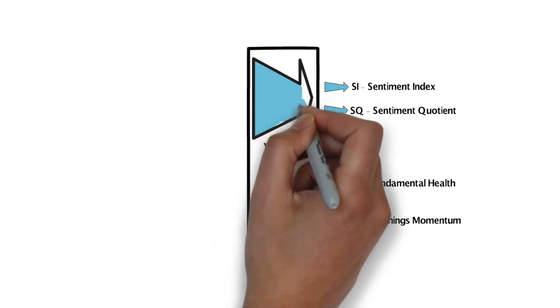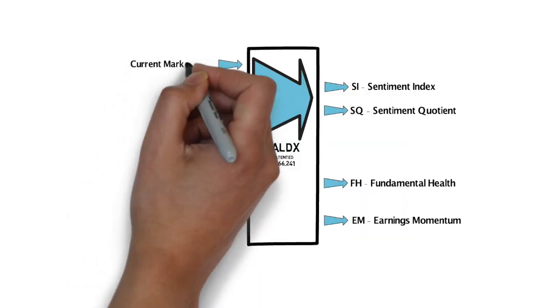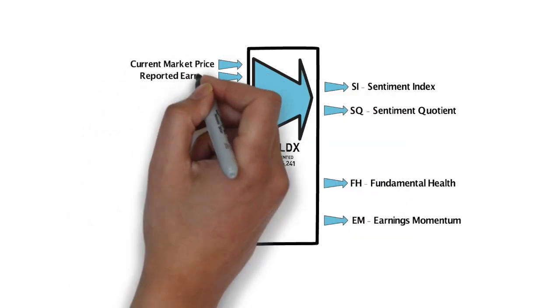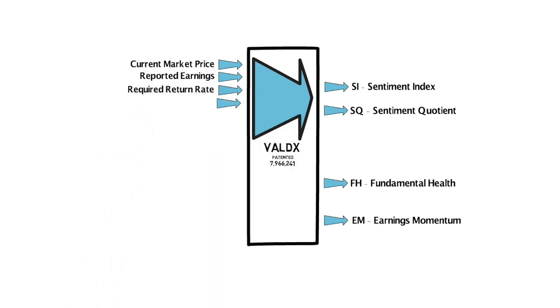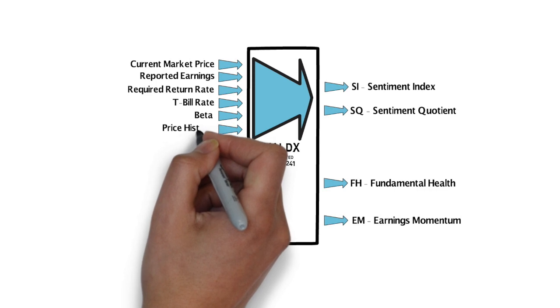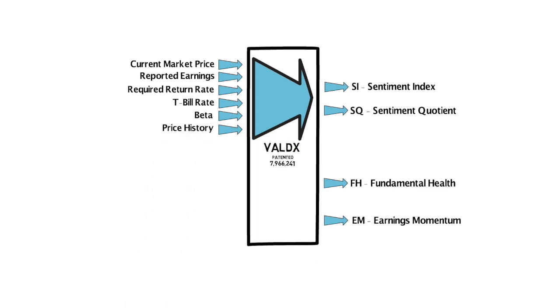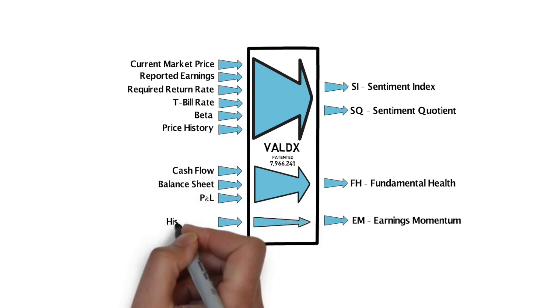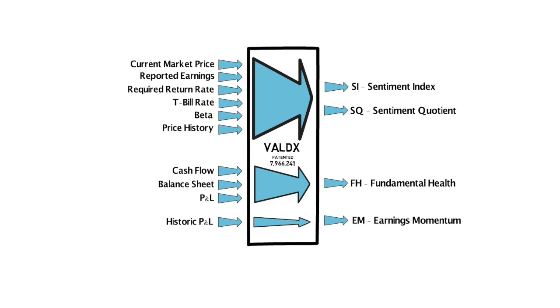SQ and SI are a function of the current market price, the most recently reported earnings, the required rate of return, the current T-bill rates, beta, and the market price history for a listed stock. FH is a function of the reported cash flow along with balance sheet and P&L data. And EM is a comparative function that uses historically reported P&L data.